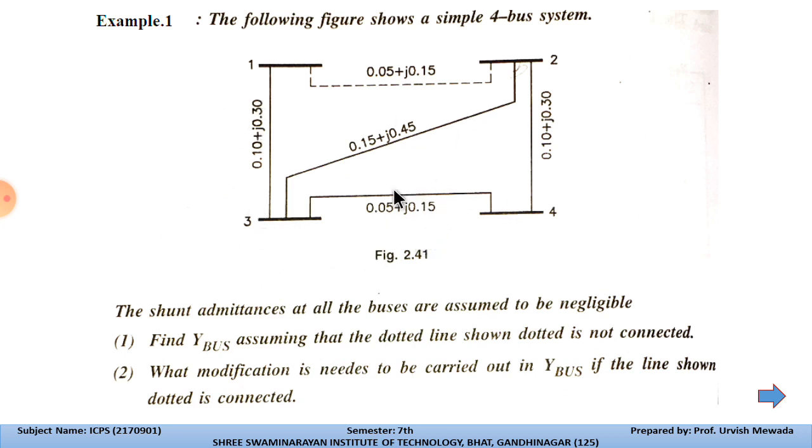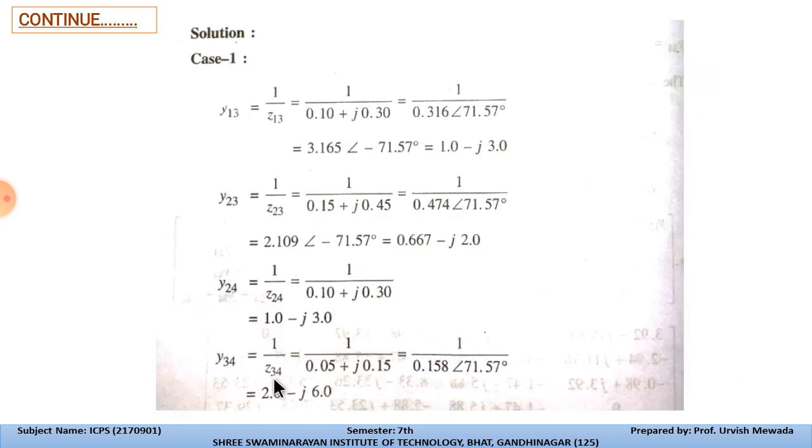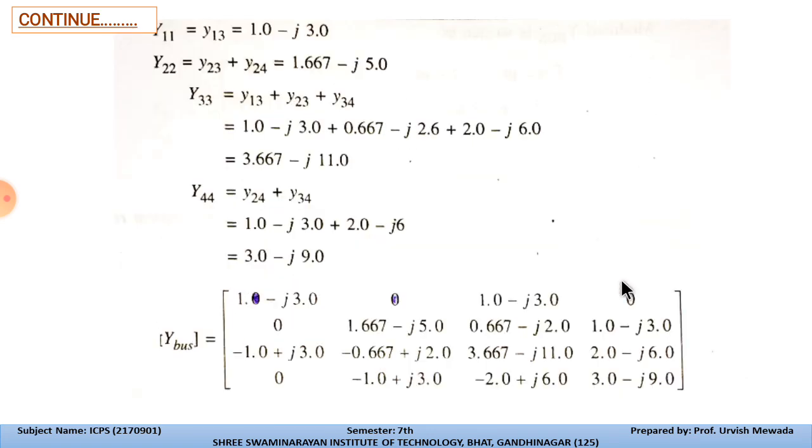The impedance given is 0.05 plus j0.15. So Z34 is 0.05 plus j0.15, and the R angle theta form of this is 0.158 at angle 71.57 degrees, and Y34 is 2.0 minus j6.0.